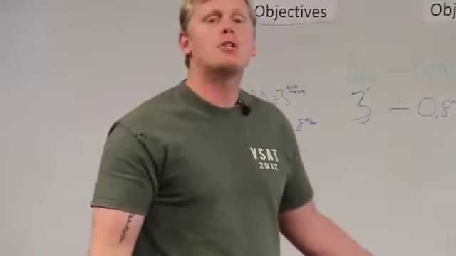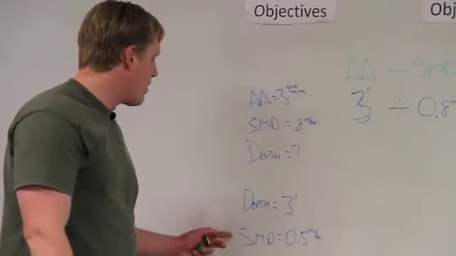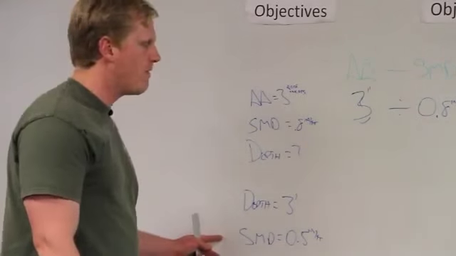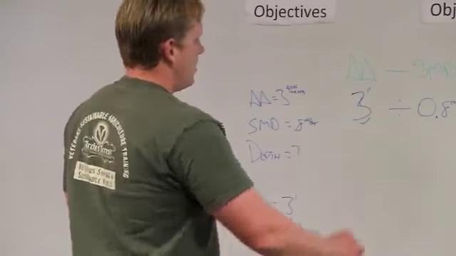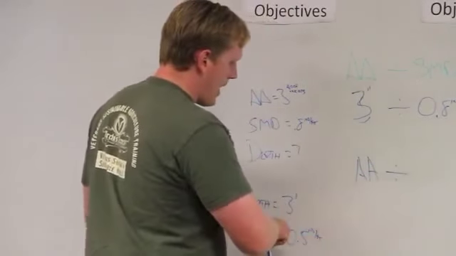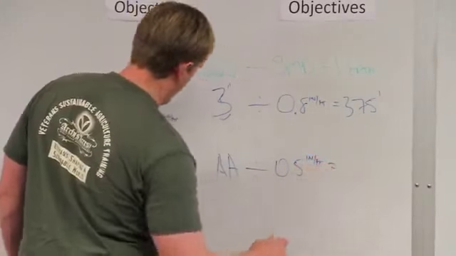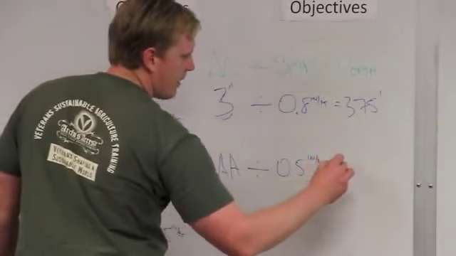We don't know how much water we applied, but we know that before it was applied, we're at a soil moisture depletion of 0.5 inches per foot. So I don't know what my amount applied is, but if we divided it by 0.5 inches per foot, it came out to a depth of 3 feet.